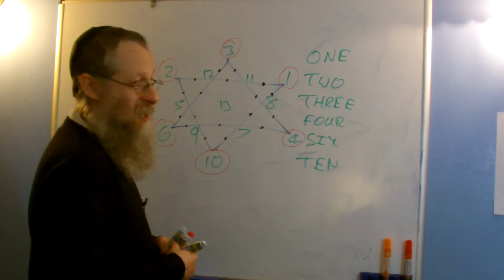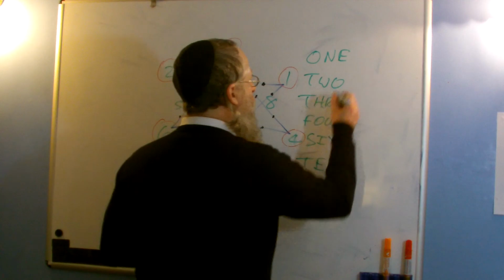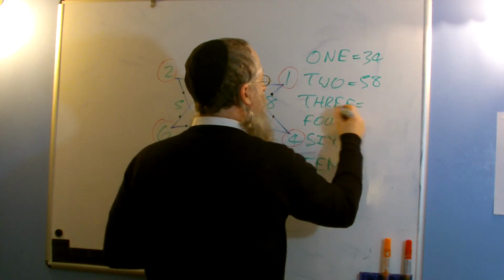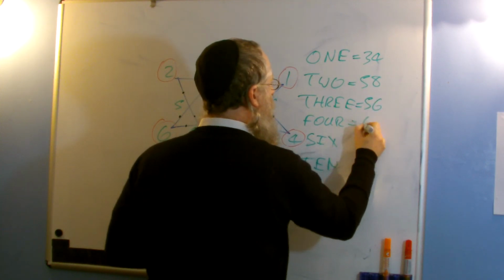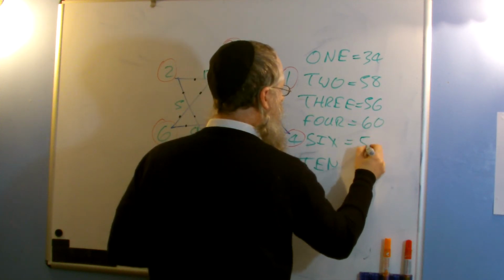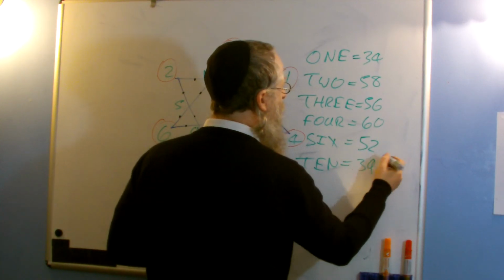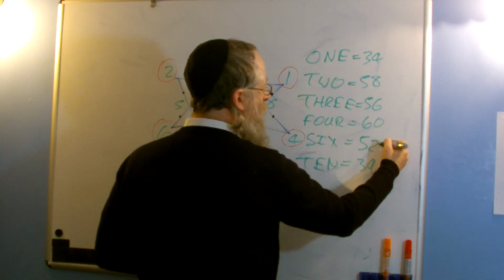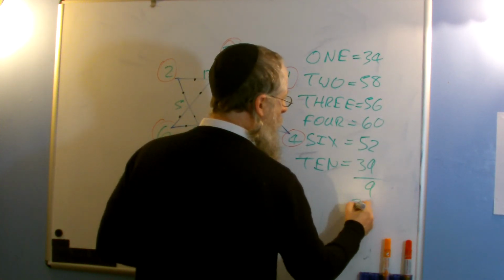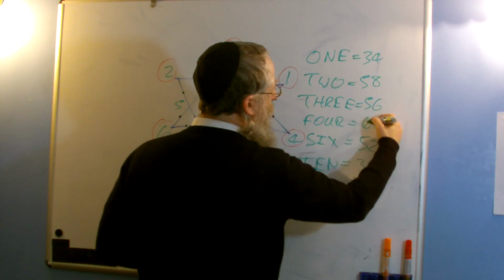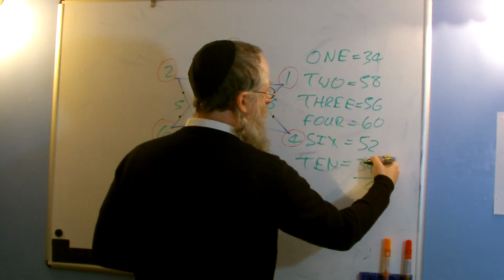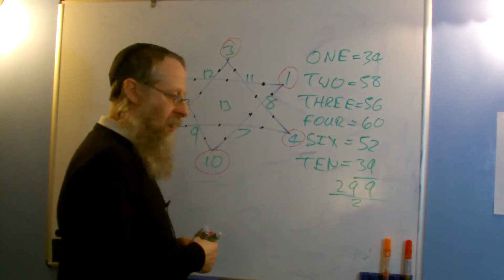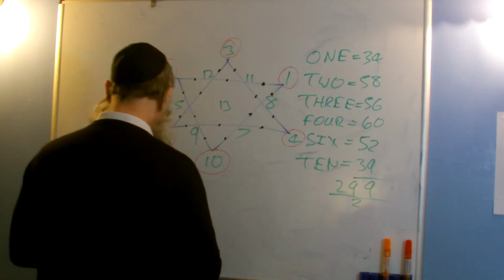If I work out what the placement value of all those are, I get 34, 58, 3 is 56, 4 is 60, 6 is 52, and 10 is 39. If I add those together, I've got 299.